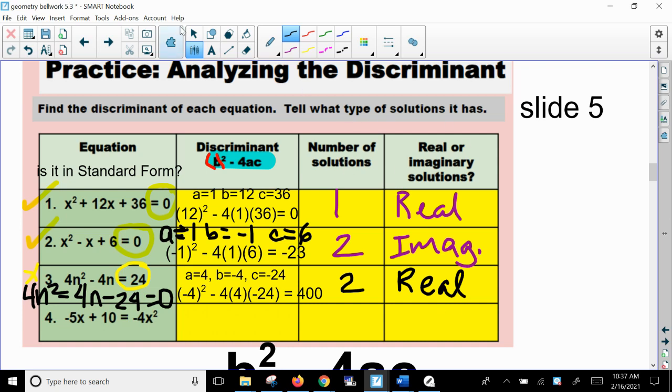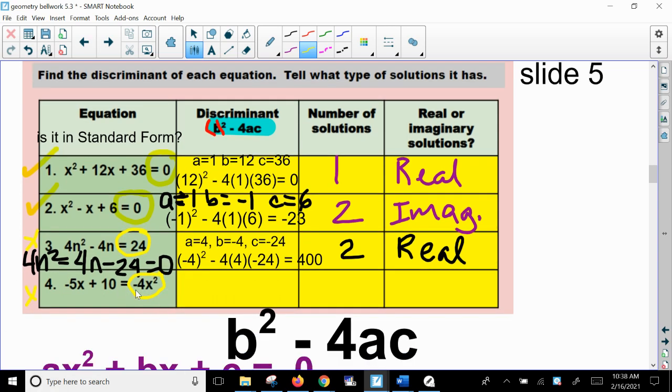And for number 4, I didn't do that one with you. But again, this equation is not in standard form, which means instead of saying equal to negative 4x squared, you want to say equal to 0. You have to add 4x squared on each side. When you do that, you will get positive 4x squared minus 5x plus 10 equals 0.